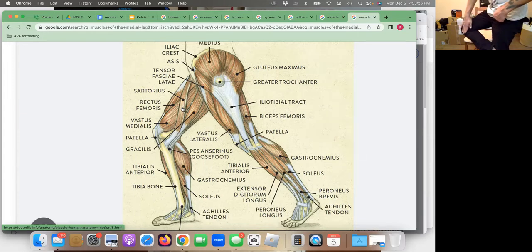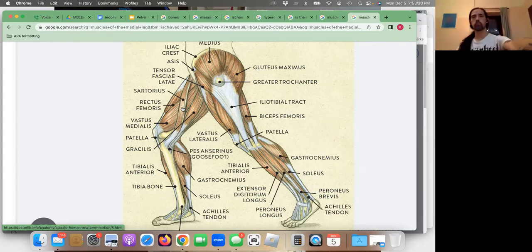The tailor's muscle. The greater trochanter. Here's the patella. Gracilis is the snaky one. The sartorius. Did I say gracilis? I'm sorry. The sartorius, yeah, the sartorius is the snaky one, the tailor's muscle.